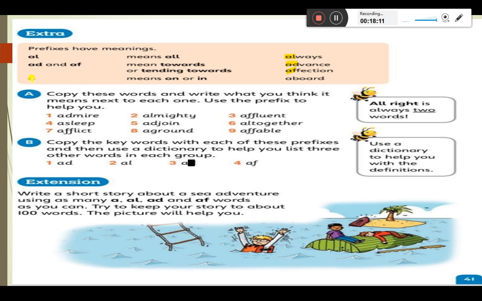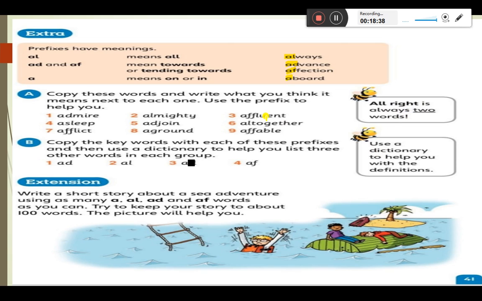And a means on or in the state of, like aboard. Here we have another top tip: all right is always 2 words.